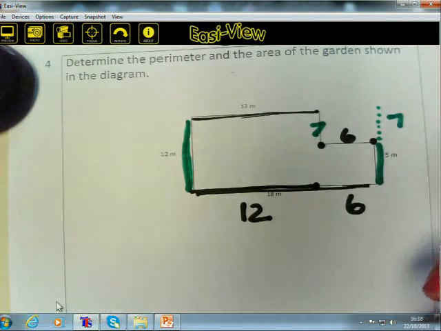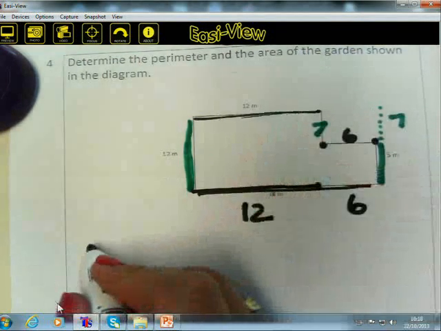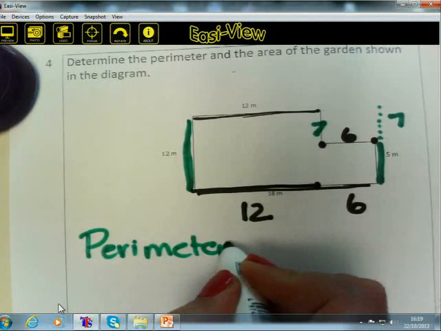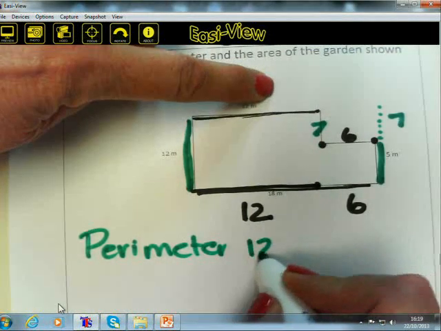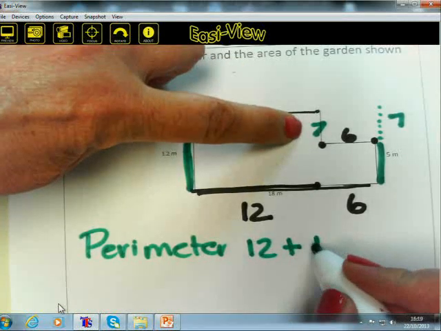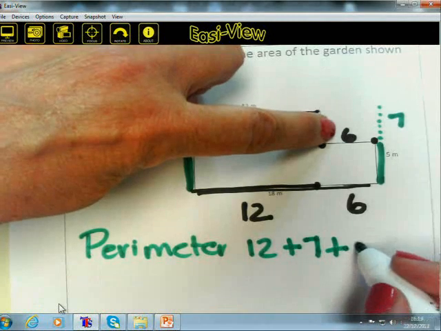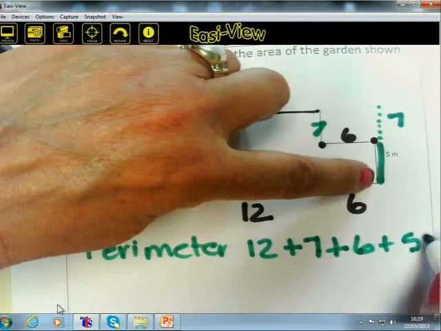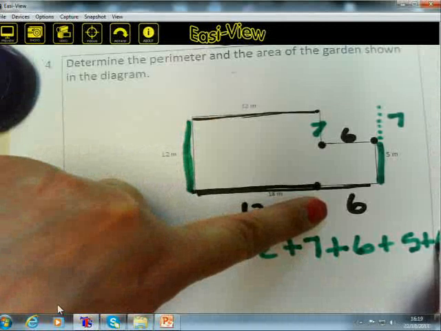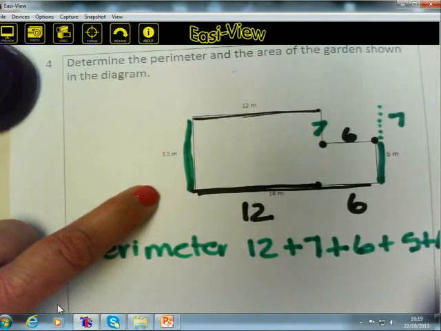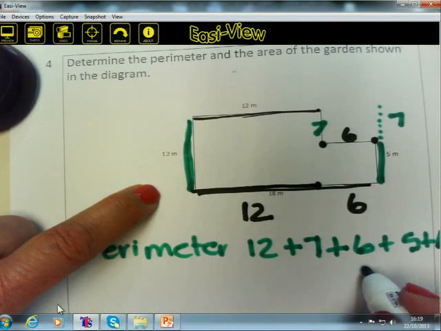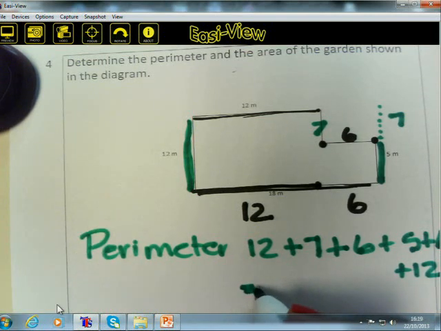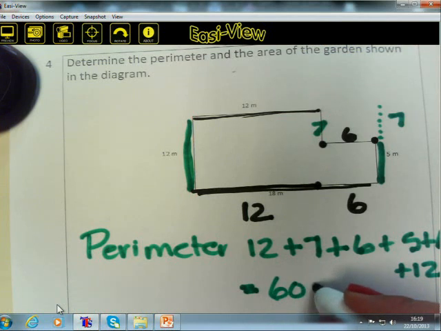And now I can do the perimeter. So the perimeter will be 12 plus 7 plus 6 plus 5 plus 6 plus 12 plus 12. And the total there is going to be 60 meters.